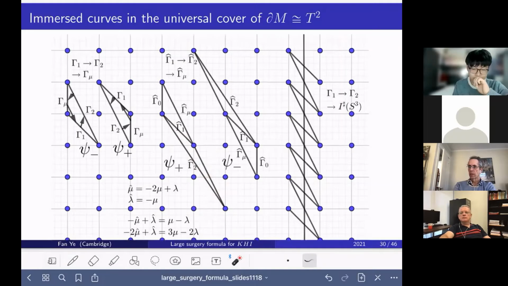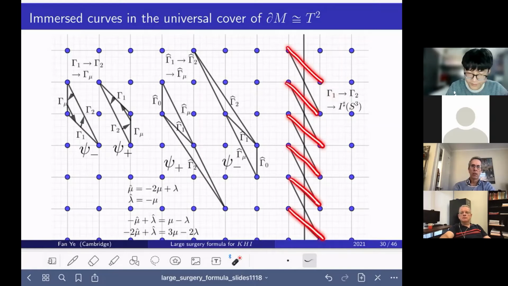And for the surgery exact triangle, first we note that it is not homogeneous. The maps are not homogeneous with respect to Alexander grading. So we should draw all spin C structures, which correspond to all Alexander gradings about the suture gamma 1, which means we should draw all these arcs together and also draw all these arcs together for gamma 2.